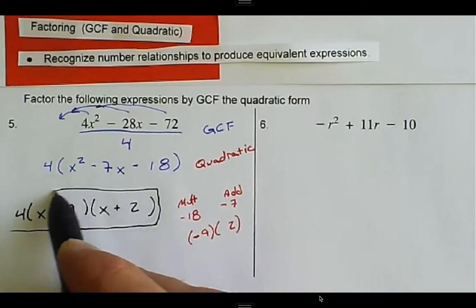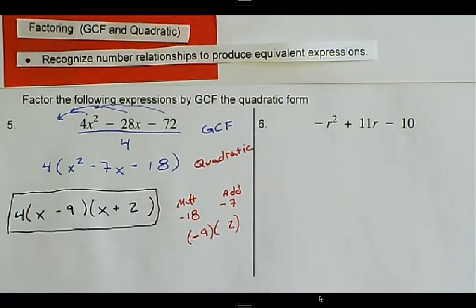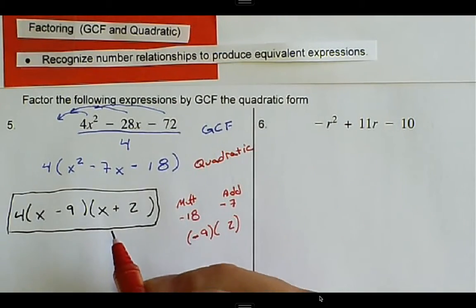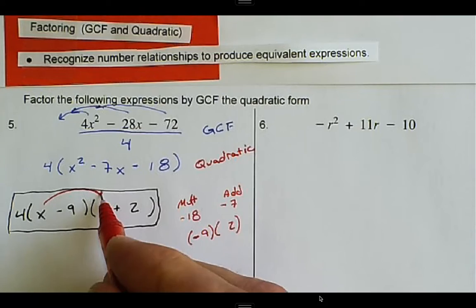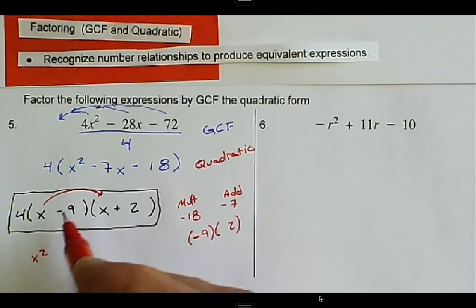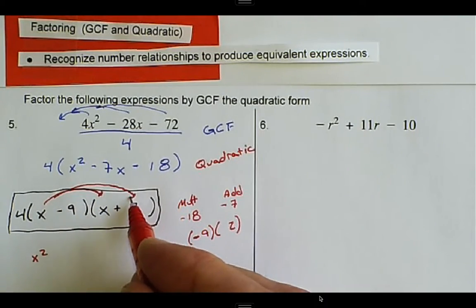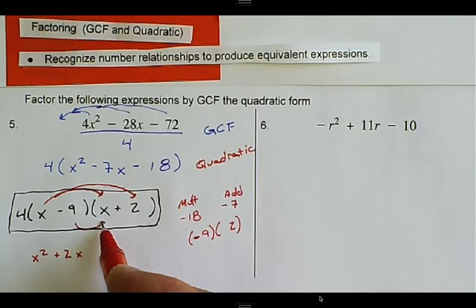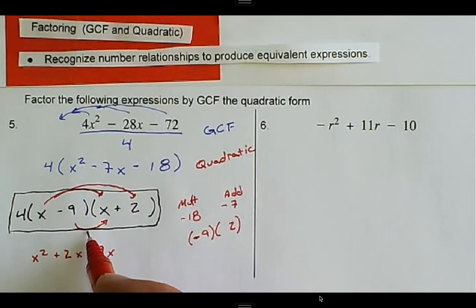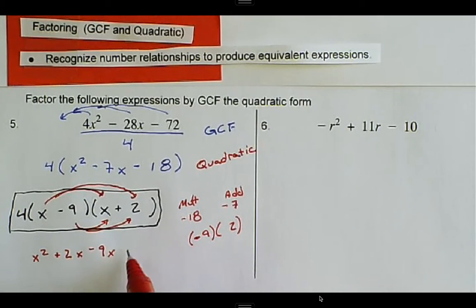And then we can check it to make sure that that's what we wanted to get. The first way that we check it is we multiply the binomials together. So x times x is x squared. X times 2 is positive 2x. Negative 9 times x is negative 9x. And negative 9 times 2 is negative 18.